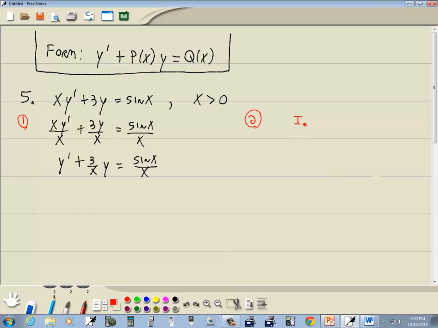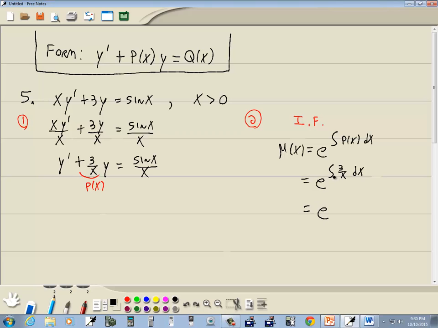Step 2. We want to find an integrating factor. Now remember, whatever's in front of your y is going to be your p of x. So for the integrating factor, mu of x is going to equal e to the power of the integral of p of x dx, which is e to the integral of 3 over x dx.